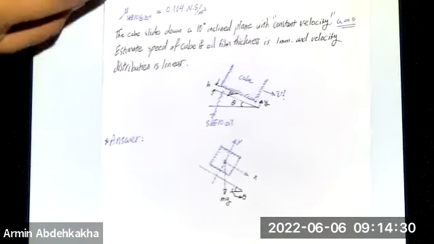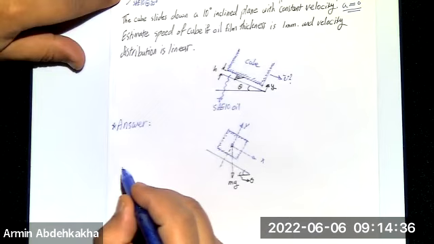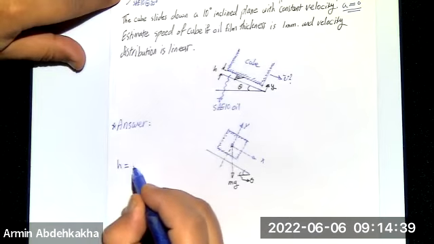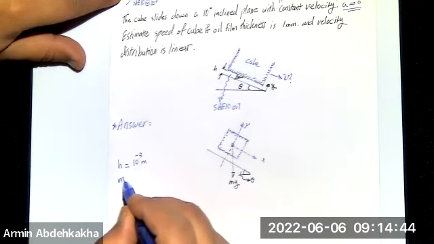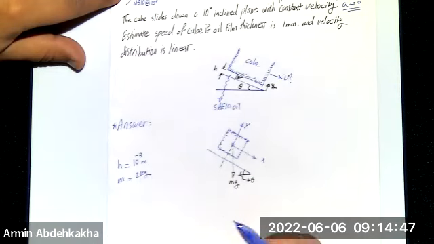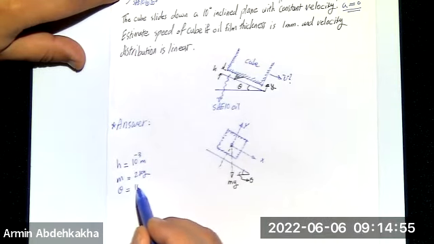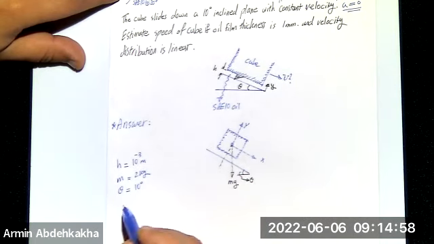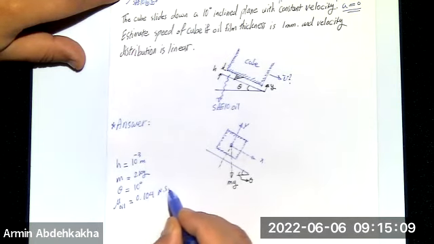Let's go for writing the given. One is H, which is 10 to the power of -3. Then is mass, 2 kilogram. Third is theta, 10 degrees, and mu is also given. Mu of oil is 0.104 newton second per meter squared.